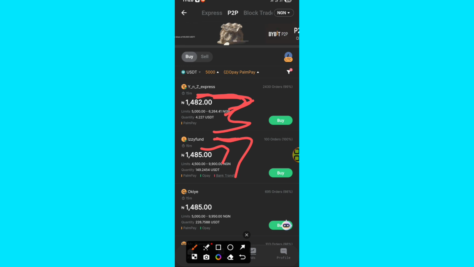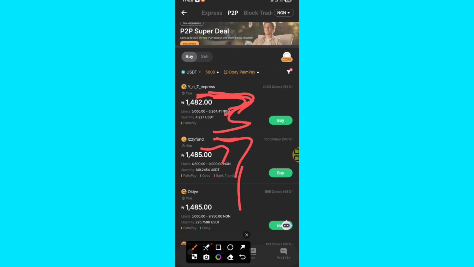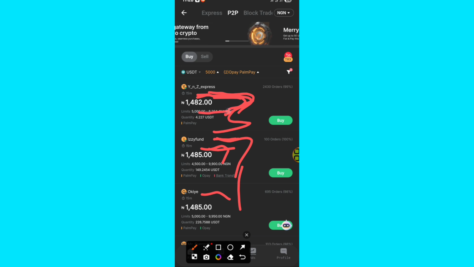So whenever you come to buy or sell, do not trade with people whose price is higher than everyone else. As you can see, the price is 1485, and this one is selling at 1482, so it's somewhat good. But if you look at someone selling at 1470 or 1450, avoid those people.